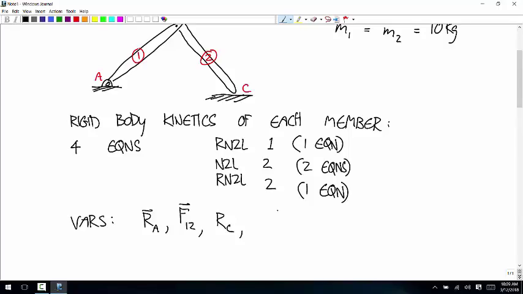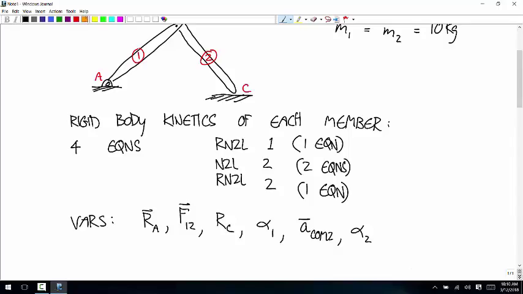Then we had the angular acceleration of body 1. Then we had the translational acceleration of body 2's center of mass. And then we had the angular acceleration of body 2. That comes out to be 9, I believe. 1, 2, 3, 4, 5, 6, 7, 8, 9.